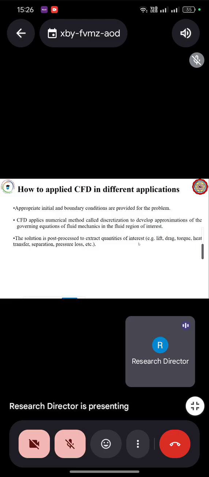And in the post-processor, we just obtain the result. We have to interpret that result. Sometimes we get a good result, sometimes a bad result, but we have to understand the physics behind it so that we can correctly identify the correct answer.